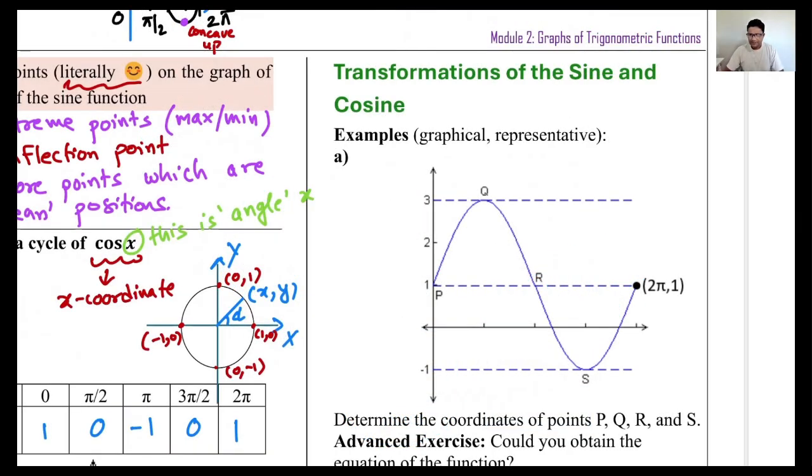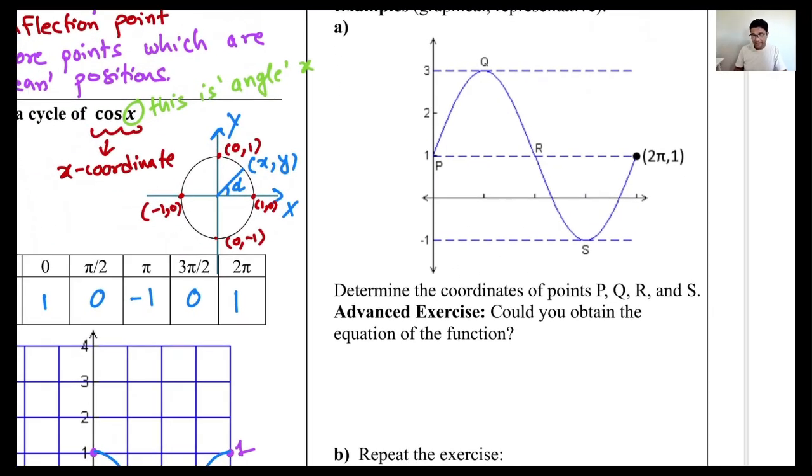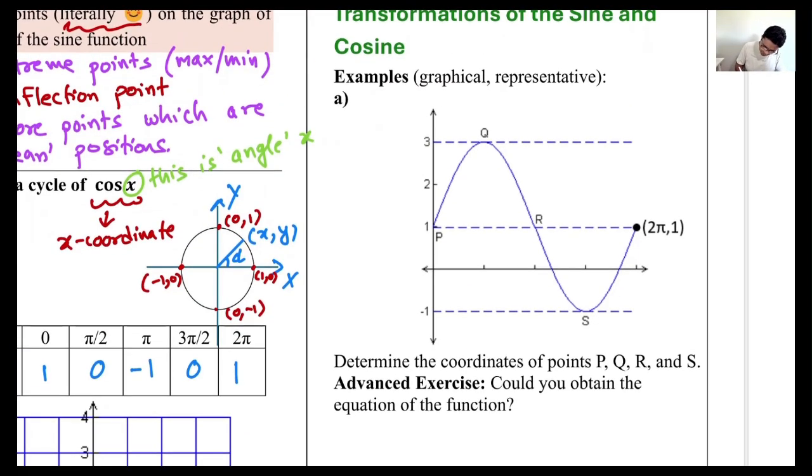Next we look at the transformations of some graphs of sine and cosine. We will begin with an exercise. Look at the graph and determine the coordinates of P, Q, R, and S. Then we will see what that means. I will write the coordinates over here.